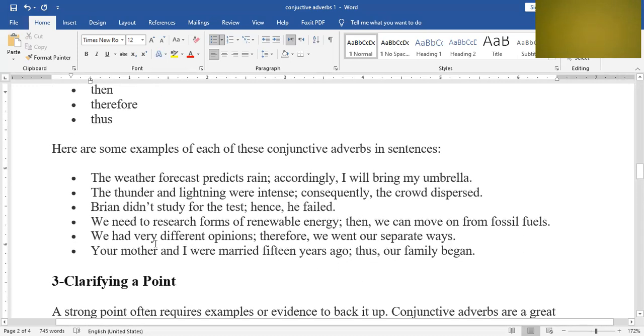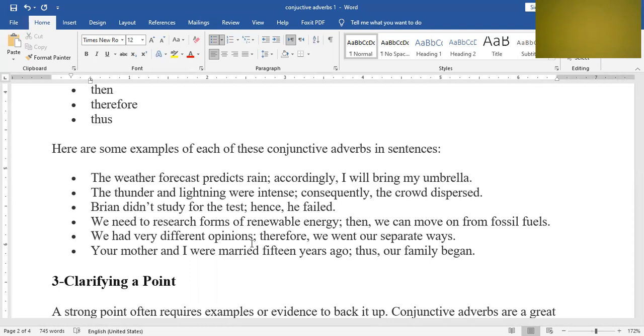Okay? So the result from finding renewable energy is avoiding using fossil fuels. We had very different opinions, therefore we went our separate ways. Different opinions, the result is going away from each other.